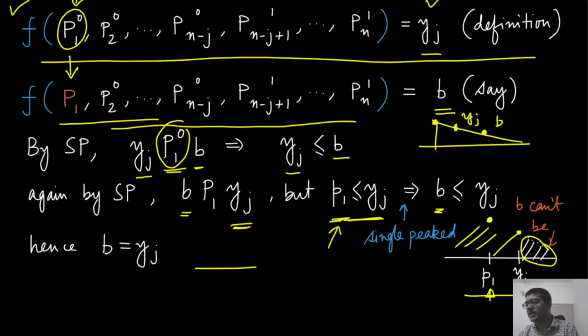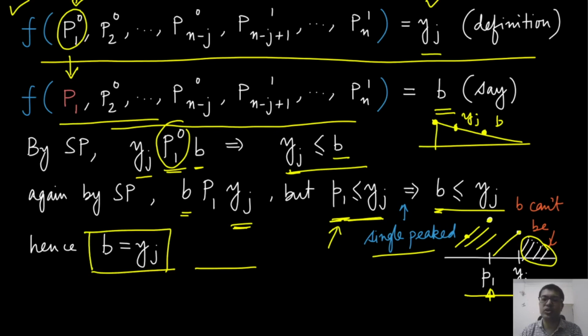It can live on the other side of the peak as well, but it must be on the left hand side, it cannot be on the right hand side. So this implication is true for the single peak preference. Now by strategy proofness we got yj is less than or equal to b, and also b is less than or equal to yj, which means that b must be exactly equal to yj.